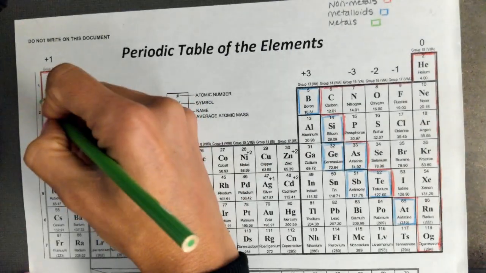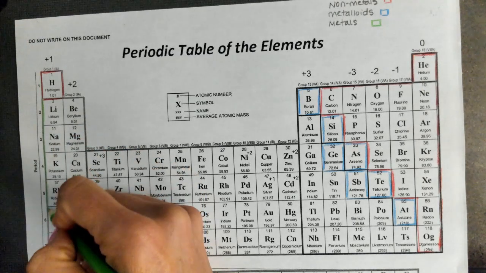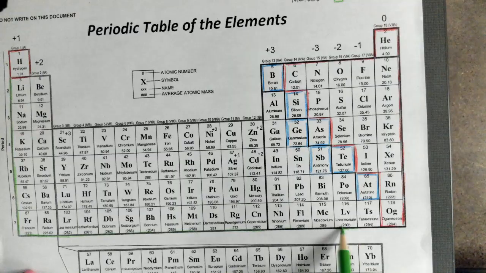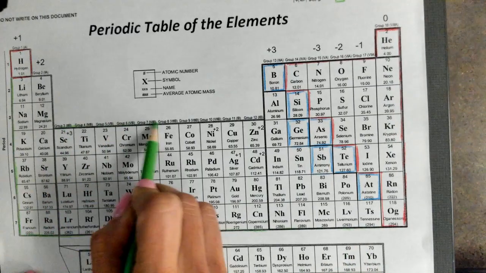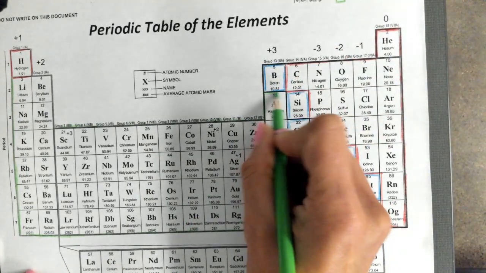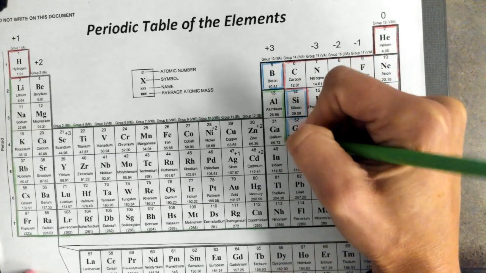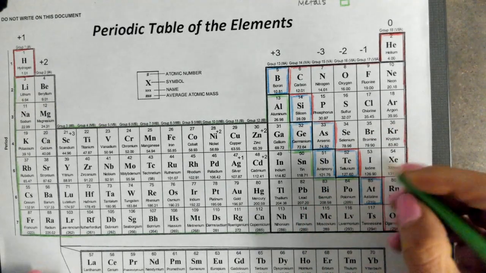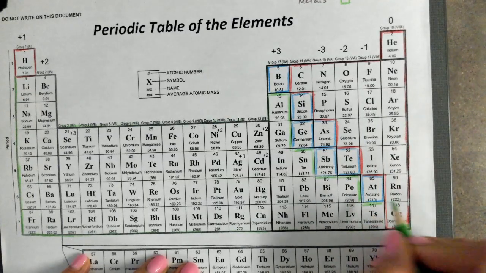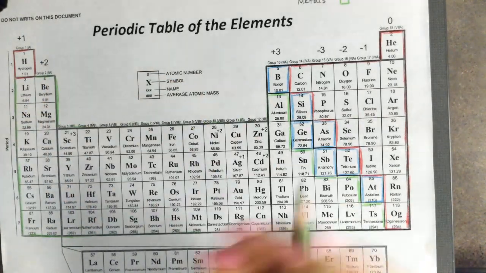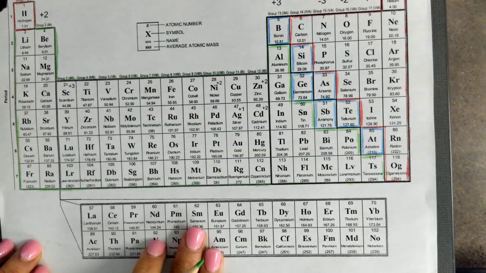All right, so I'm just going to outline the outside of the rest of this periodic table. Now also, we do want to outline down here that this is green.